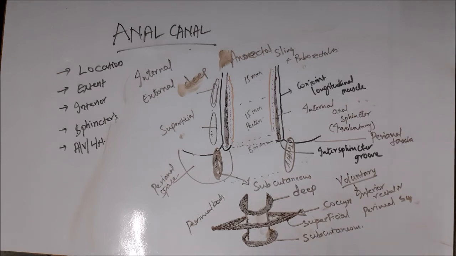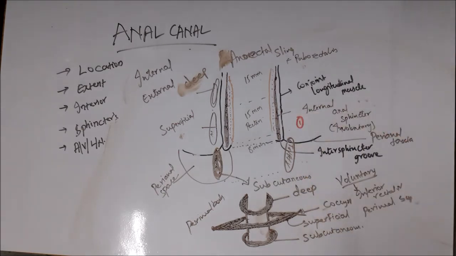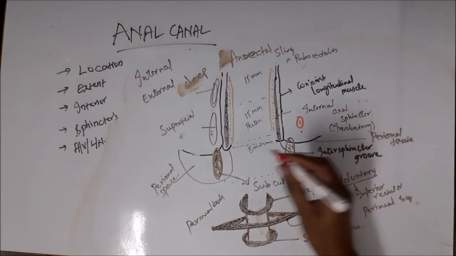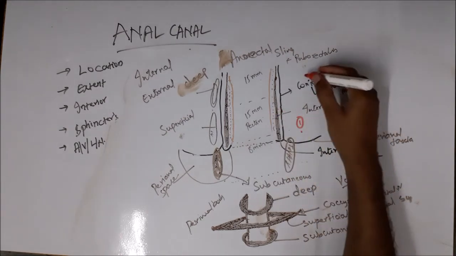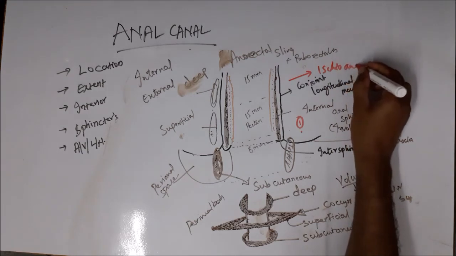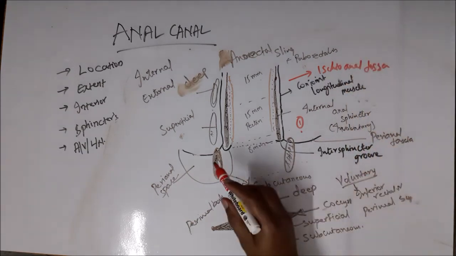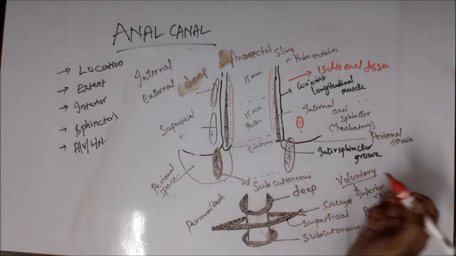So what are they? One is this. On either side of the anal canal there is a fat filled space, that is the ischio-anal fossa. Then one more space is between the perianal fascia and the skin. So that is the perianal space.